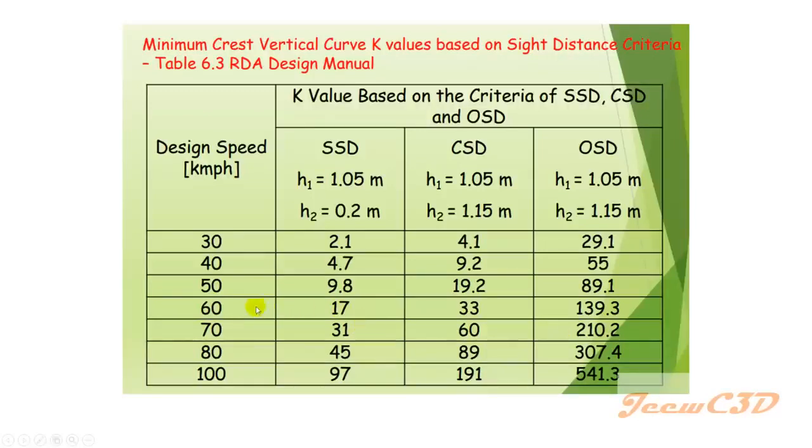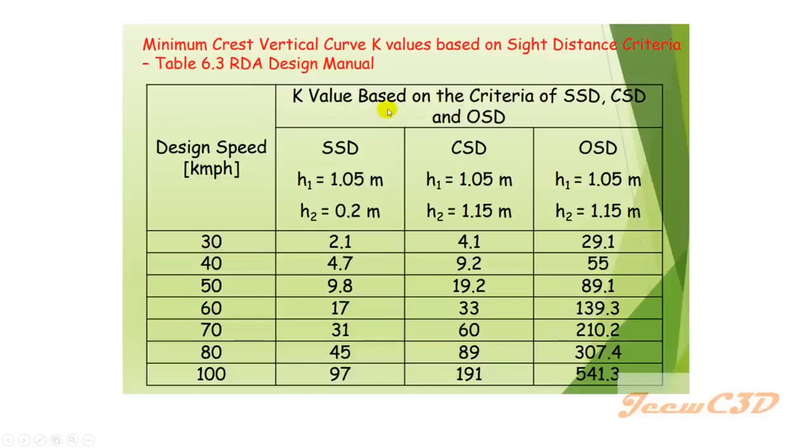For a crest curve, you have to satisfy the sight distance criteria. Since we are designing the road for 60 kilometers per hour, your sight distance should be 17 in terms of the K value for crest curves. That means curves like this, vertical curves like this.